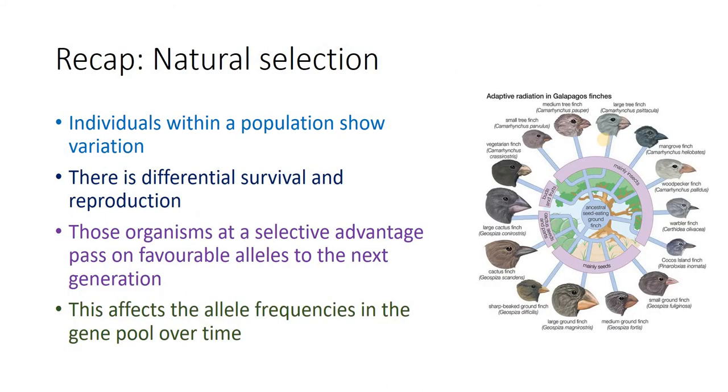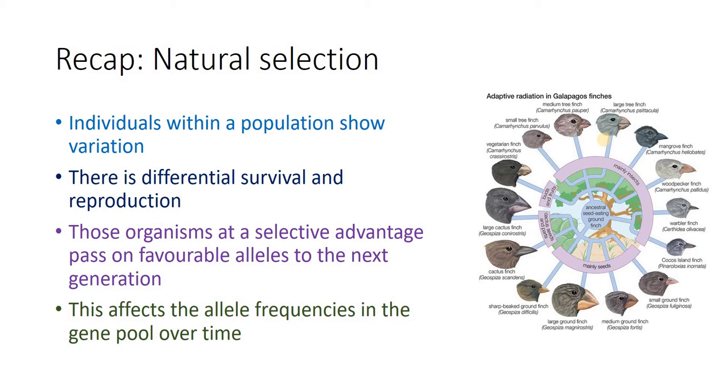Hopefully you're experts in natural selection now, and we chatted through the finches example last time. The key message from this is that any population will have variation in the individuals there. These will have differential reproduction.